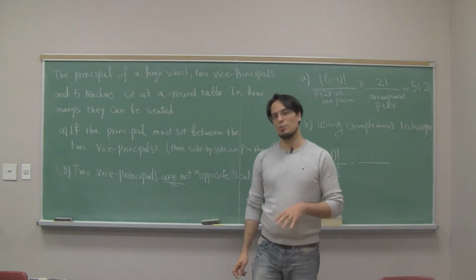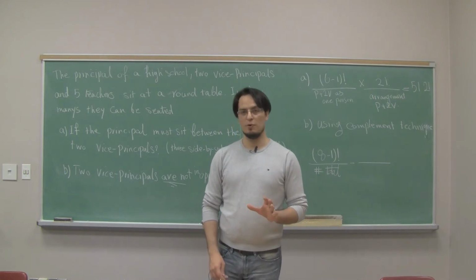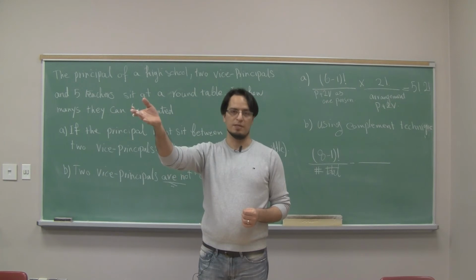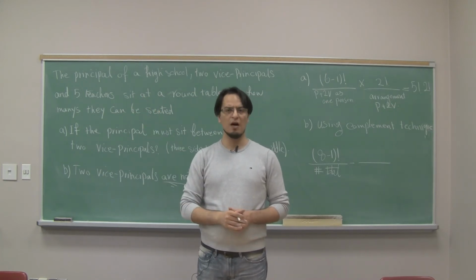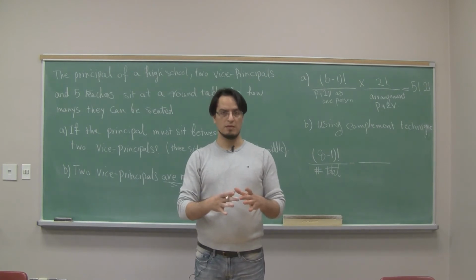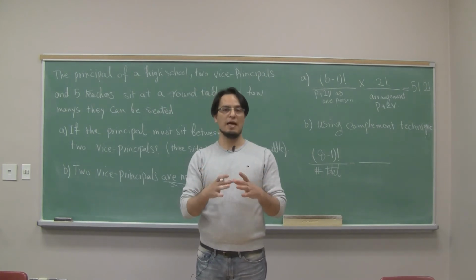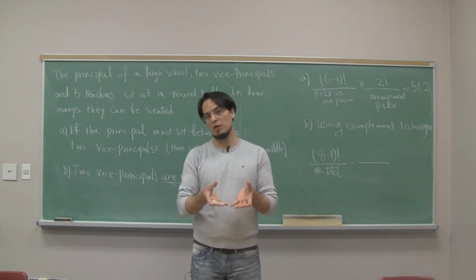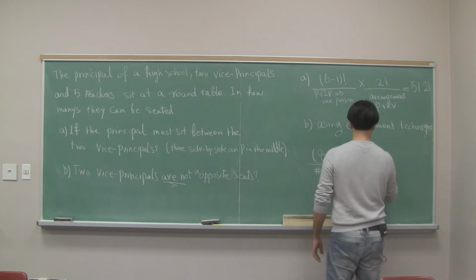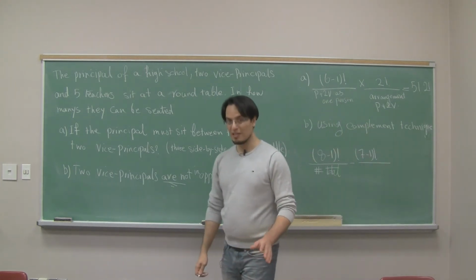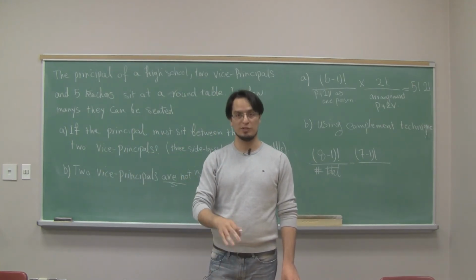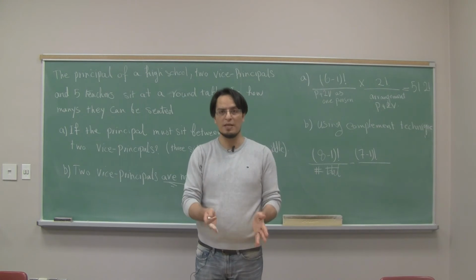To solve this one, let's for a moment think that we have only one vice principal. We ask the other vice principal to be outside. Then we have 7 people, yes? We ask them to sit at the table. The formula says we have 7 minus 1 factorial. Well, we are not done. We have to now add the second vice principal to the circle. But let's see how many options we have.